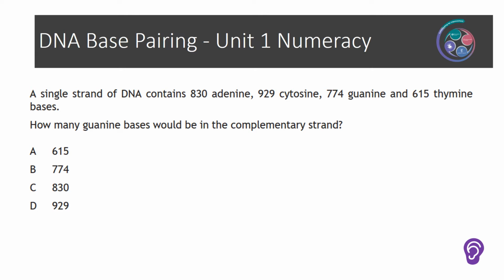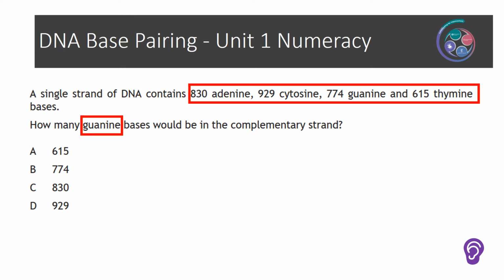The first thing to notice here is that the example answers all match exactly the numbers of bases which have been provided in the question. This is very important as we must remember our base pairing rules and which particular base matches with its complementary base. To go about answering these questions, again, my first recommendation is to look for key information in the question.